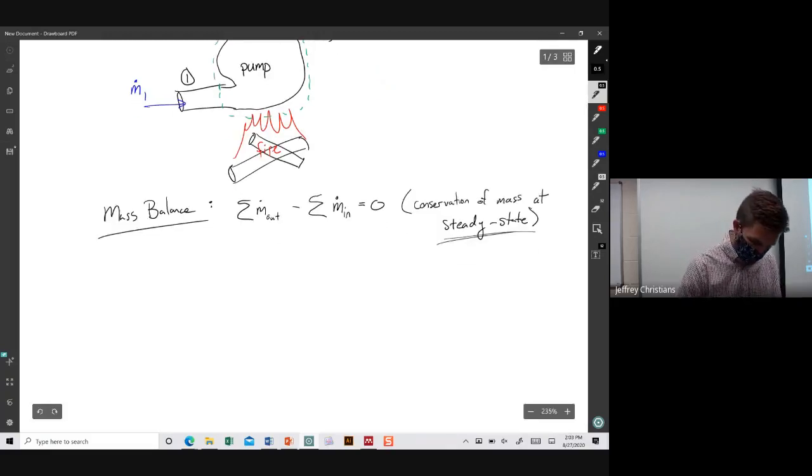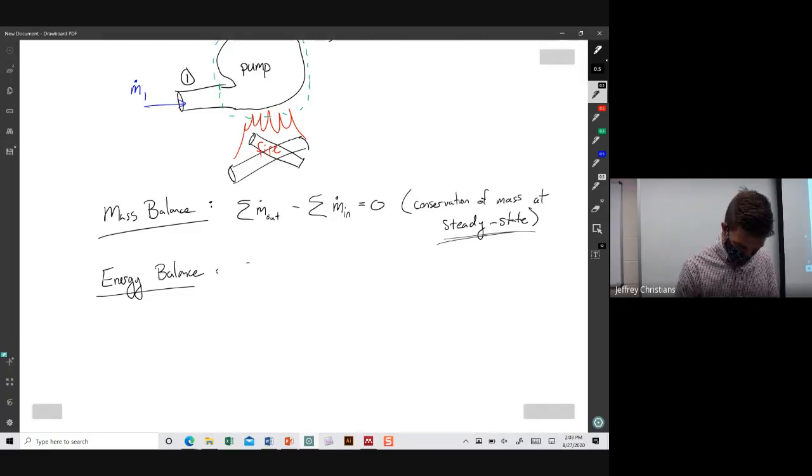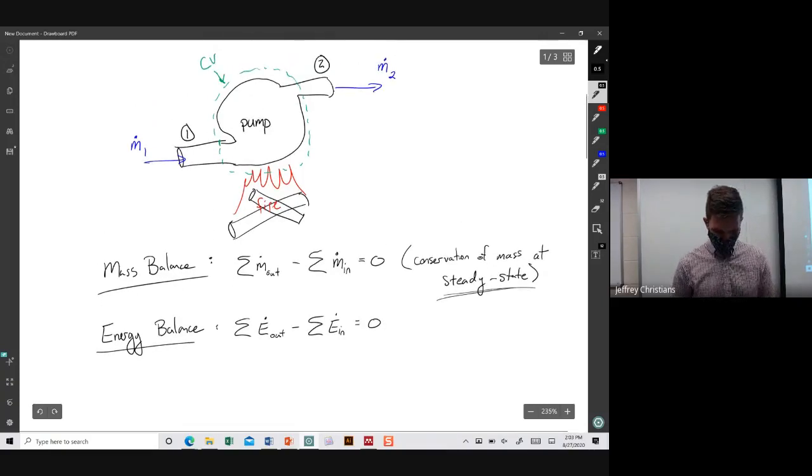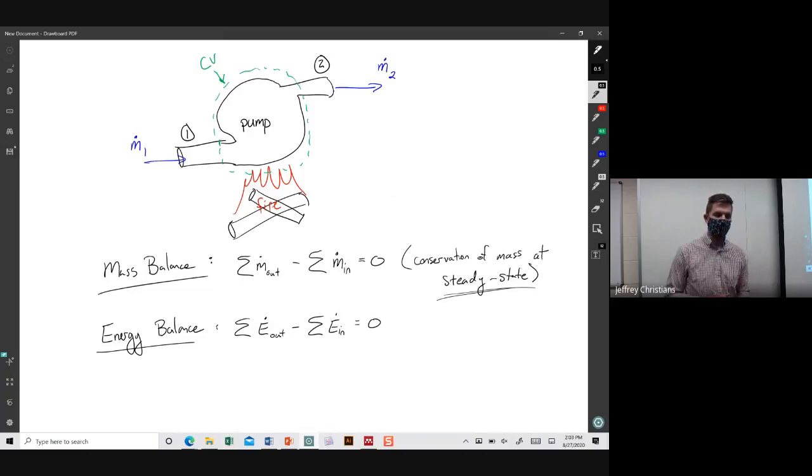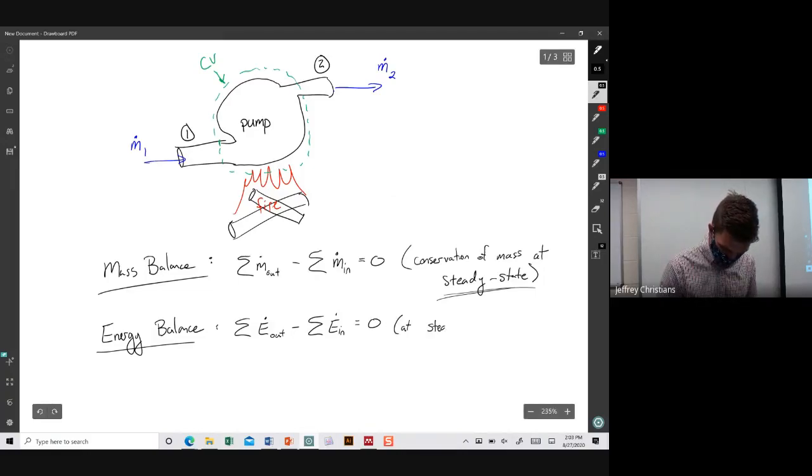Same thing with our energy balance. Our energy balance is going to be the exact same. So the sum of the energy out minus the sum of the energy in is equal to 0, again at steady state.